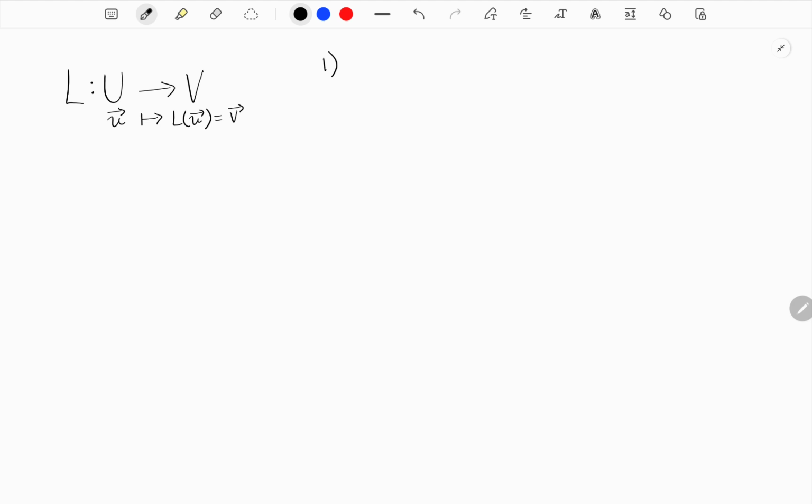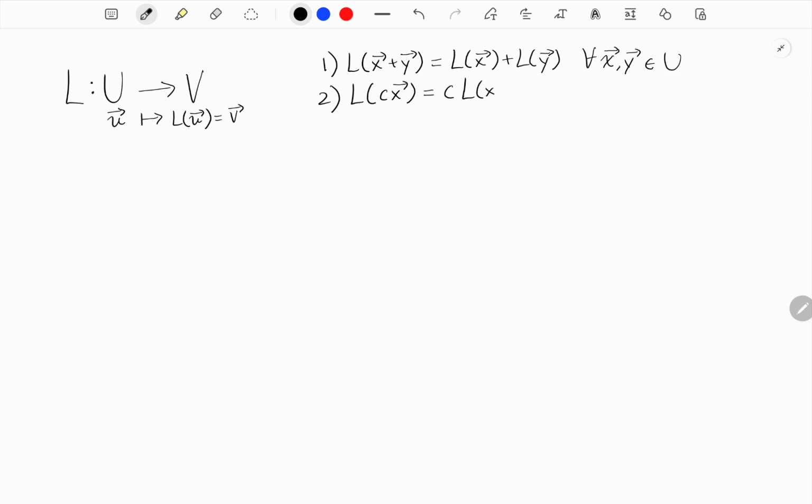So the first property is L of x plus y is going to equal L of x plus L of y for every x and y in U. And the second property is L of c times x is equal to c times L of x for every x in U and for every scalar c in the real numbers.